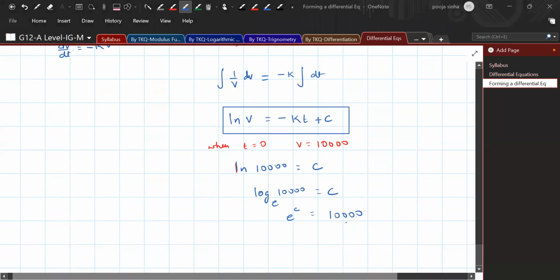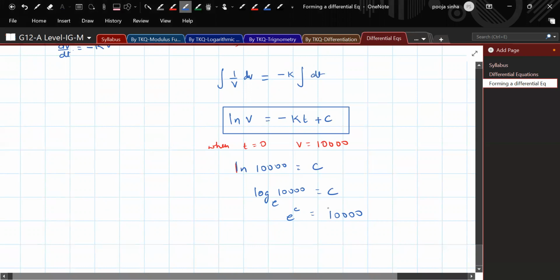So how do I get the answer for this? Or what we can do is इसको यहाँ छोड़ देते हैं, ठीक है? This value we are going to put in this equation, ठीक है? c का आंसर मिल चुका है.